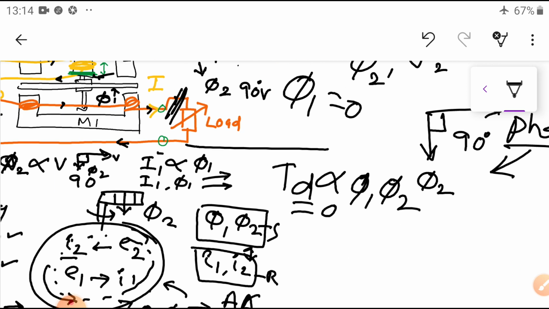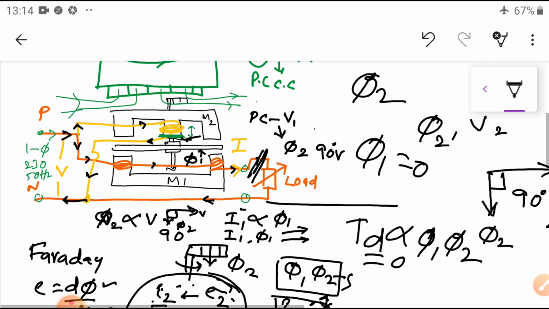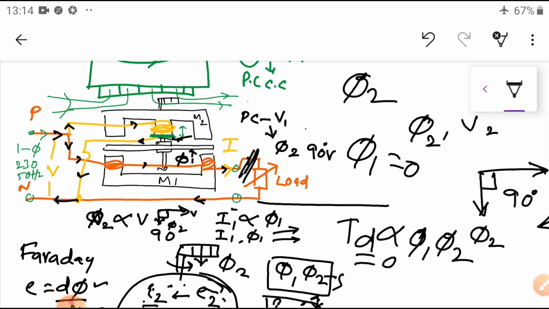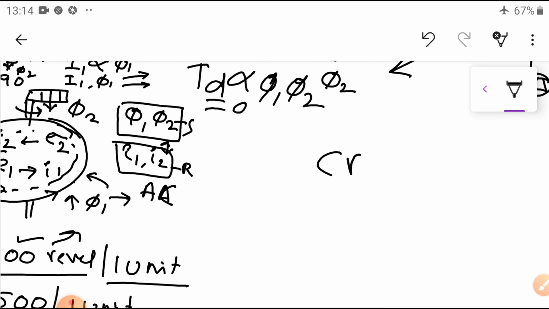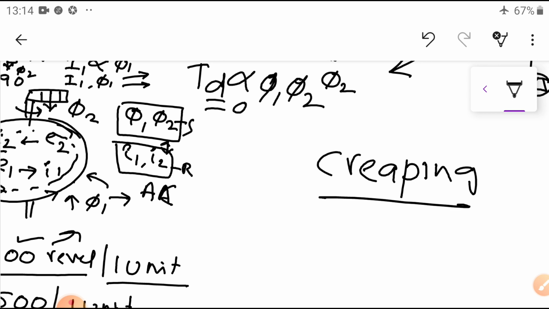But sometimes you can observe, without any load, a small slow rotation of the disc in energy meters. Very slow movement. That is known as the creeping effect. What is the effect? Creeping: slow motion of the disc without any load. What is our aim?